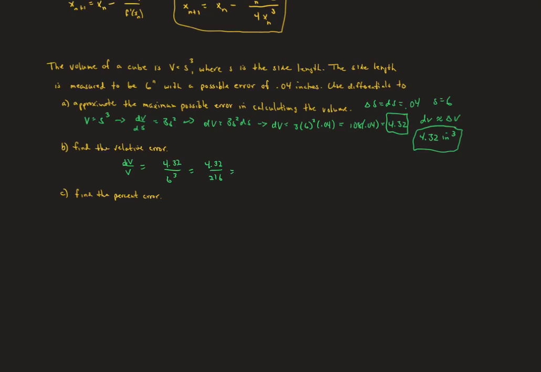If we take the 4.32 divided by the 216, we're going to get 0.02. So that is our relative error. And then to make that percent error, we'll just move that decimal over and call it 2%. So an error in measuring the side length of 6 inches, if we're off by 0.04 inches, that's going to result in a 2% error in computing the volume of that cube. All right.